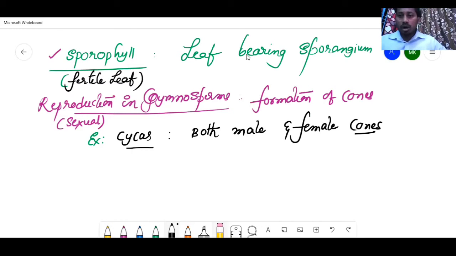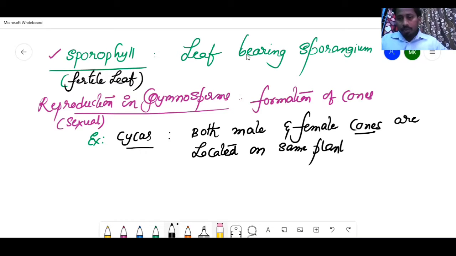If a plant has both male and female cones located on the same plant body, such a plant is called monoecious. So this is a monoecious plant, cycas.